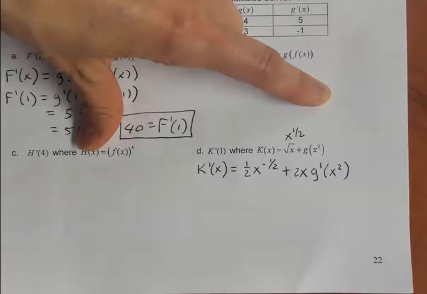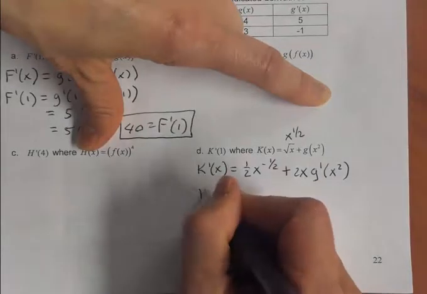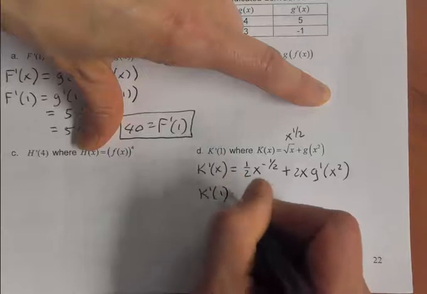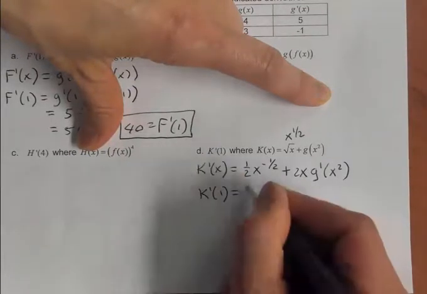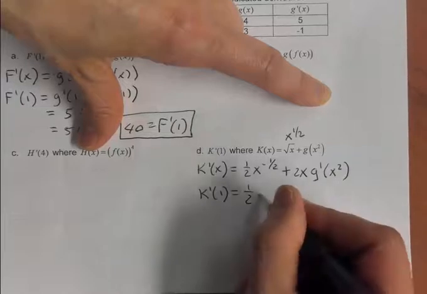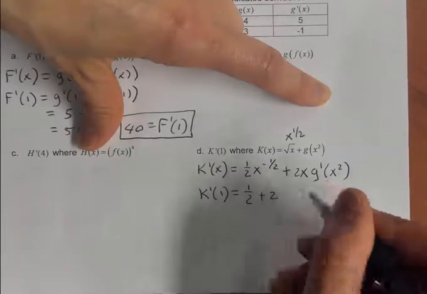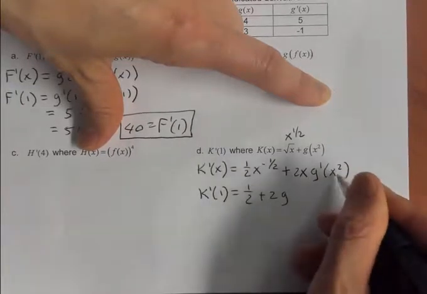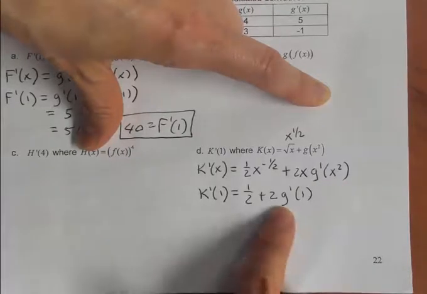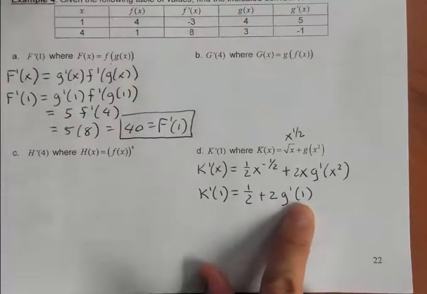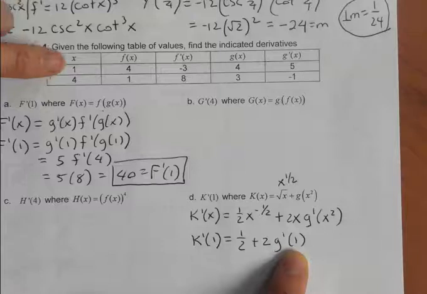Yeah, I did it without my little chart. Okay, and then I'm going to put in k. So k prime of 1 is equal to, I put in 1s everywhere, so this will just become a 1. So I have a 1/2, and then this will become a 2 times 1, and then g prime of 1 squared is just going to be 1. So all I need to do is look on my chart for g prime of 1. What's g prime of 1? 5.